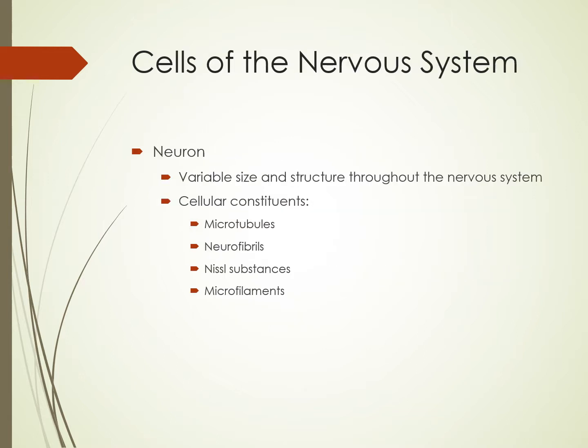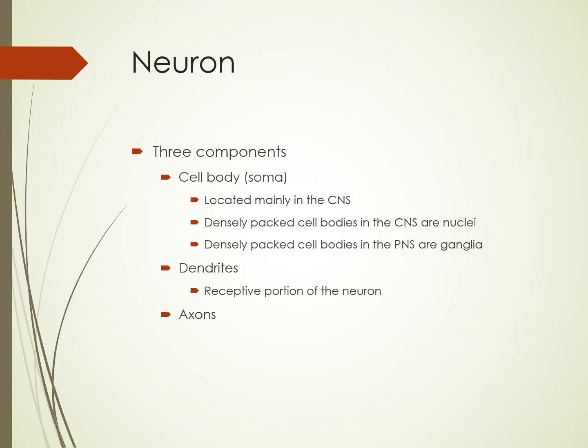Cells of the nervous system are called neurons, and they are variable in size and structure and have different constituents. Three components of a neuron are the cell body, dendrites, and axons.